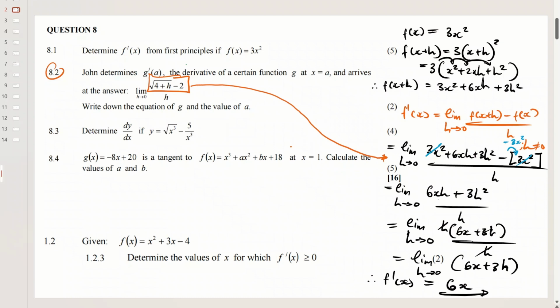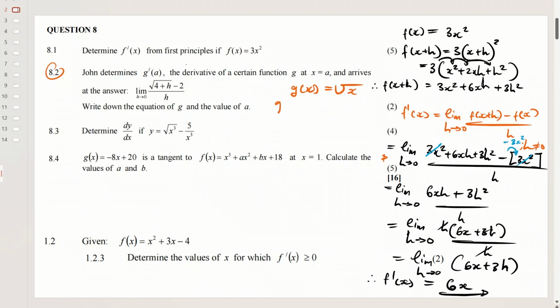We know the first principle formula doesn't have the radical sign, so it means our g of x has the radical sign. So how do we find the inside there? That's so easy, guys. Since our original function has a radical sign, this is supposed to be x as our inside there.